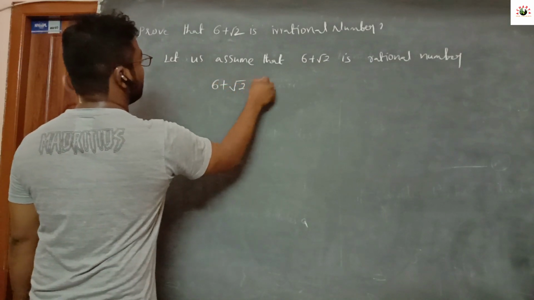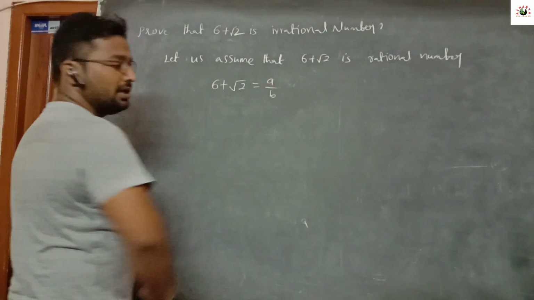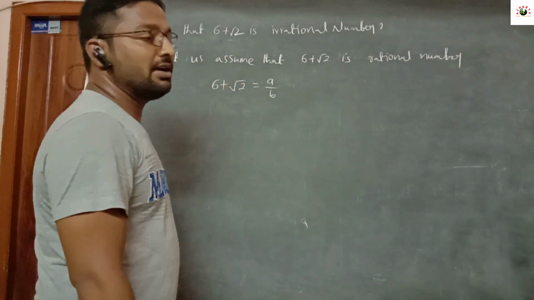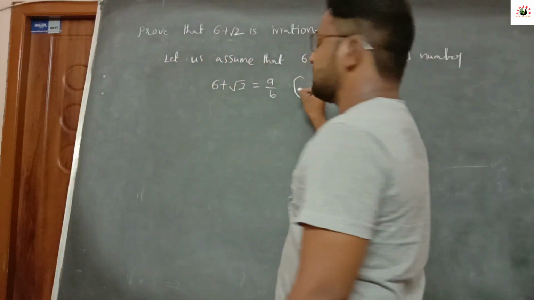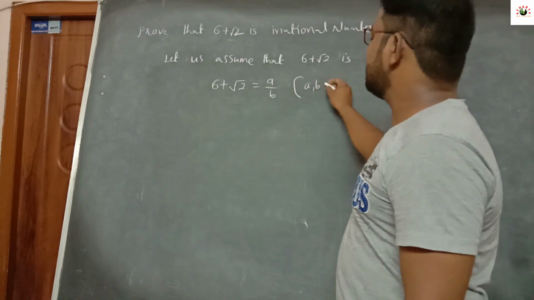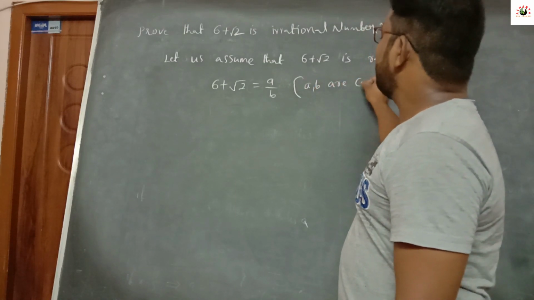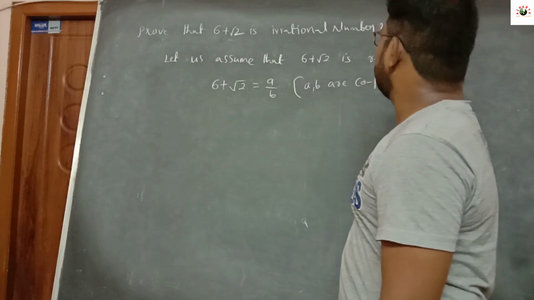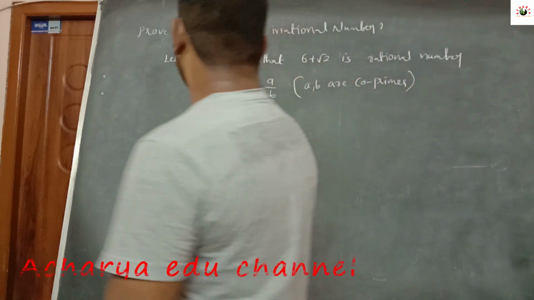So 6 plus root 2 is equal to a by b. Here also a, b are co-primes, the simplest form of a by b. So a, b are co-primes.